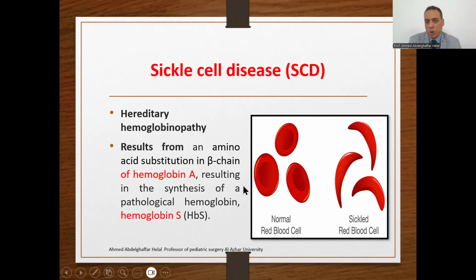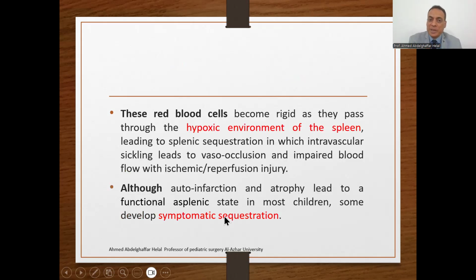So there may be a problem inside the globin arrangement of the chain of this hemoglobin, leading to the formation of pathological hemoglobin S, and the RBCs will take the sickled shape instead of the normal biconcave. The red blood cells become rigid and sickled when they pass through the hypoxic environment of the spleen.